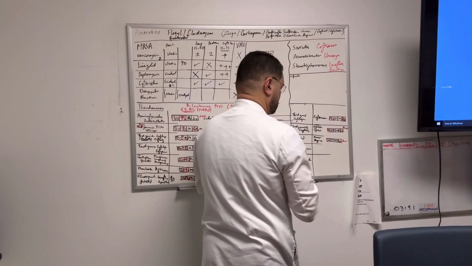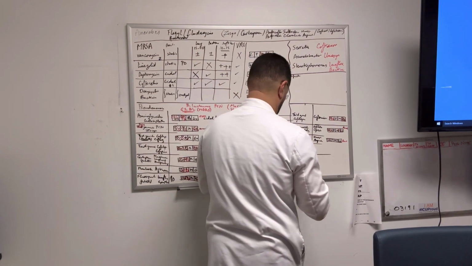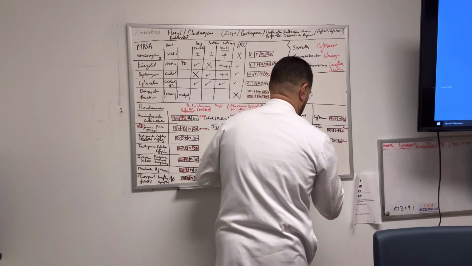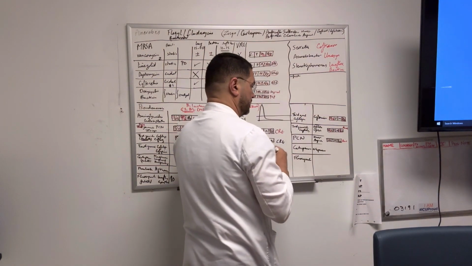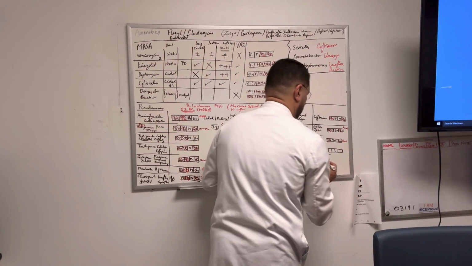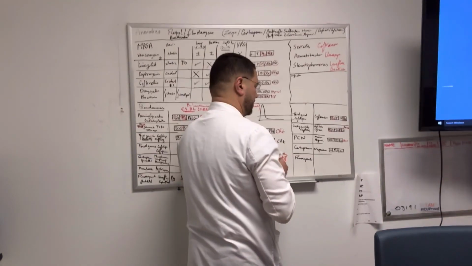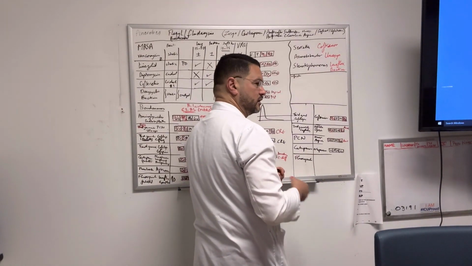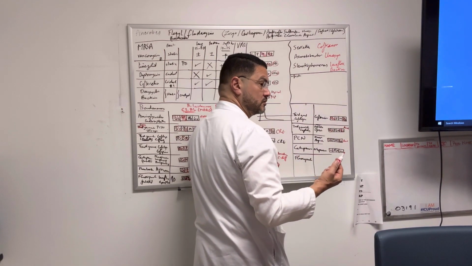Now, carbapenems that don't cover MRSA, the only one left is what? Ertapenem. I found out that some people don't know that ertapenem doesn't cover Pseudomonas. So what's the difference between ertapenem and meropenem? Meropenem covers MRSA, Pseudomonas, gram negative, gram positive. Ertapenem doesn't cover Pseudomonas or Enterococcus for some reason.